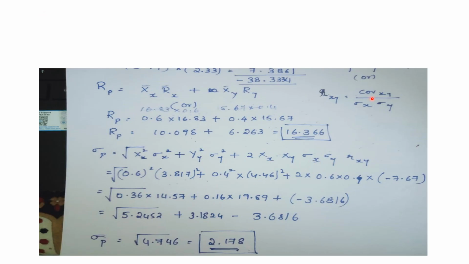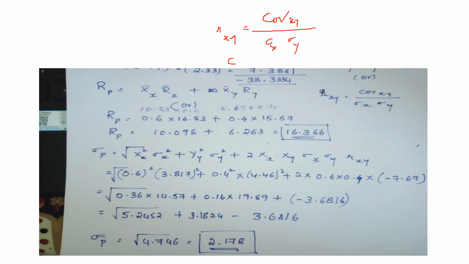So here directly we are taking covariance. I'll explain here. So Rxy, that is the coefficient of correlation, is equals to covariance of xy upon standard deviation x, standard deviation y.